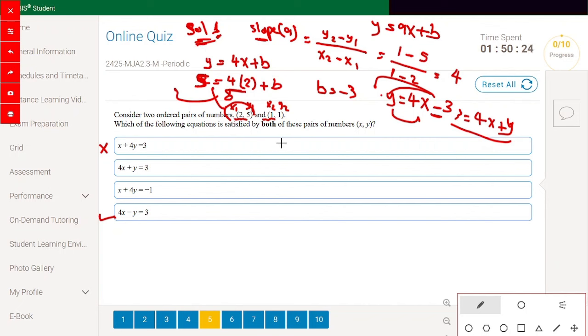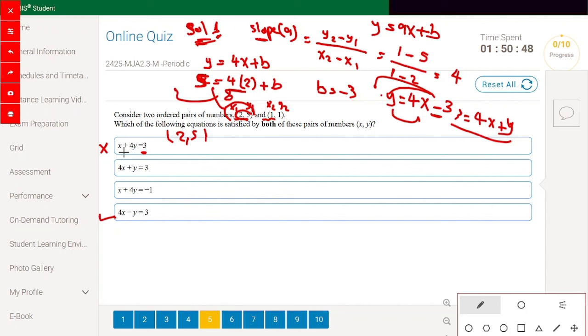Solution number 2, which is very simple. Let's apply these 2 points here. Now we have 2 and 5. Substitute x and y, and let's see if we get the same result here or not.